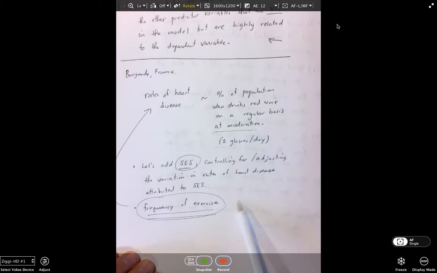It turns out, at least according to the study, that frequency of exercise and socioeconomic status are related because people of higher socioeconomic status tend to exercise more than people of low socioeconomic status. Having been a gym rat for many years, I find that a little hard to believe. But that's a restricted population, so I don't want to go there.